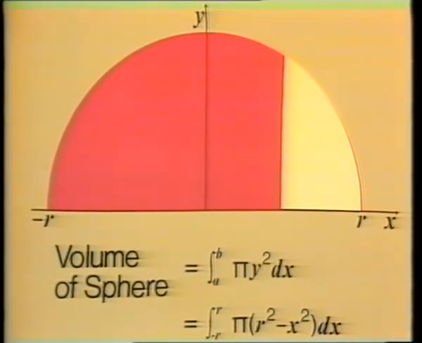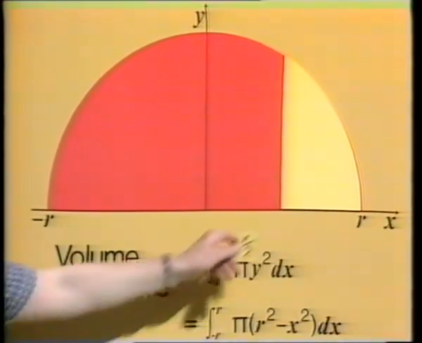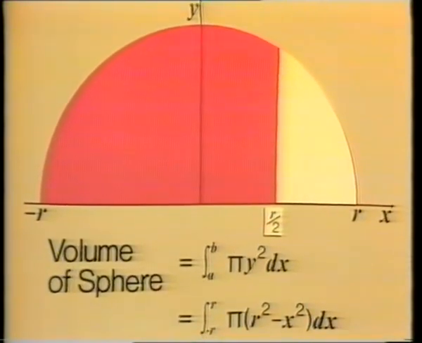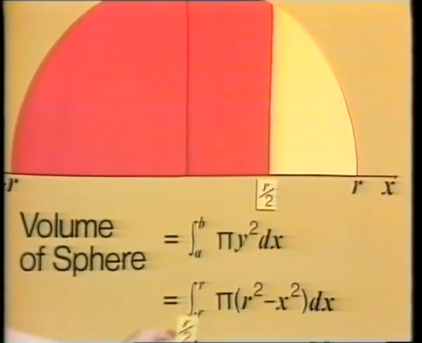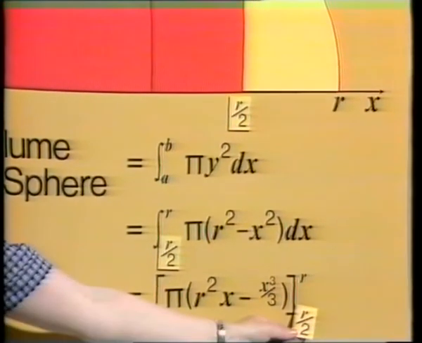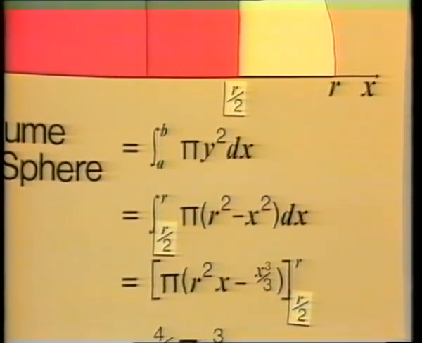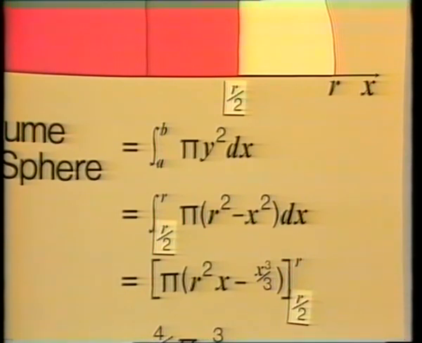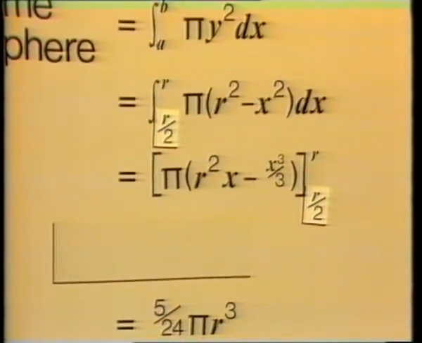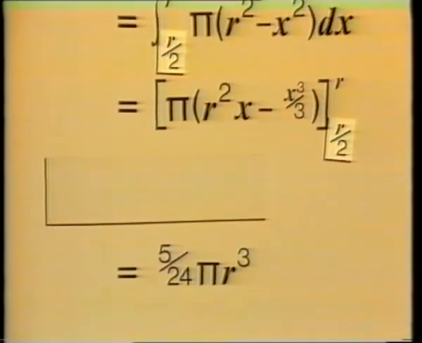The limits of integration we need here are from r/2 to r. So I'll put them in here and here. We'll leave you to do the evaluation, but the answer is 5/24 of pi r cubed.